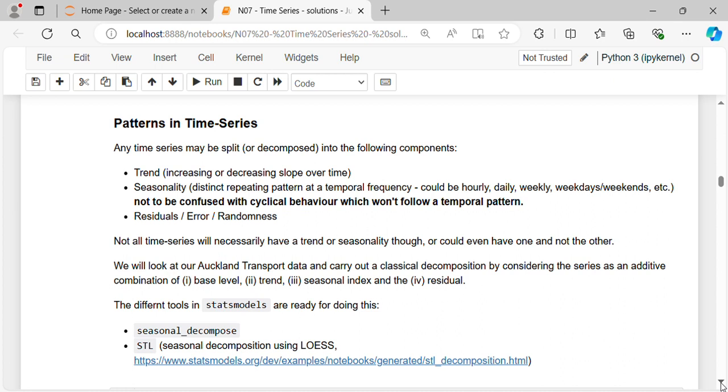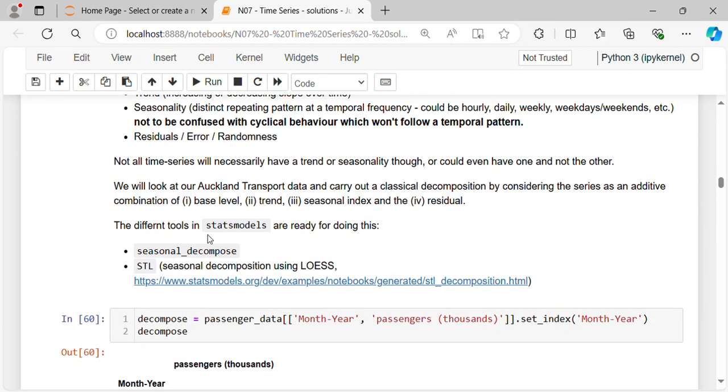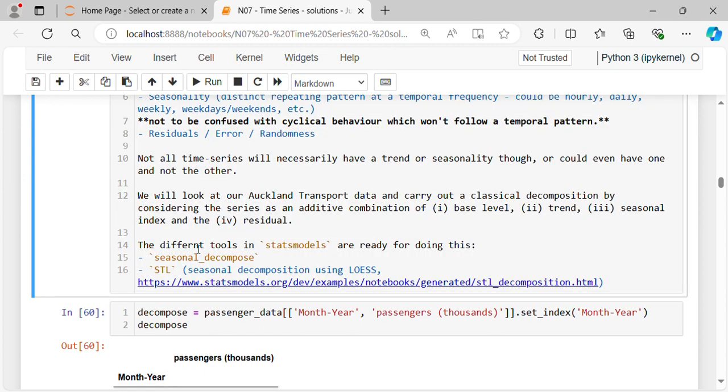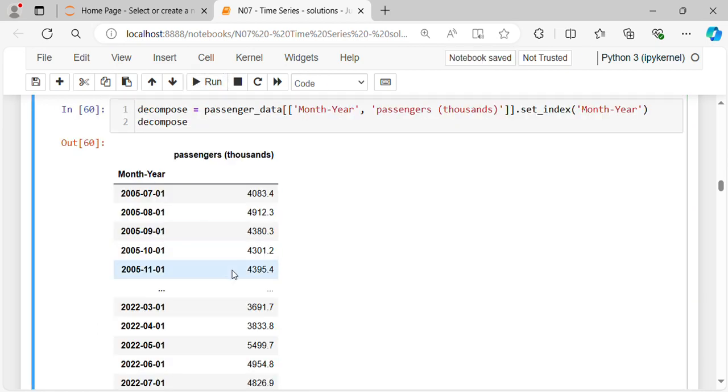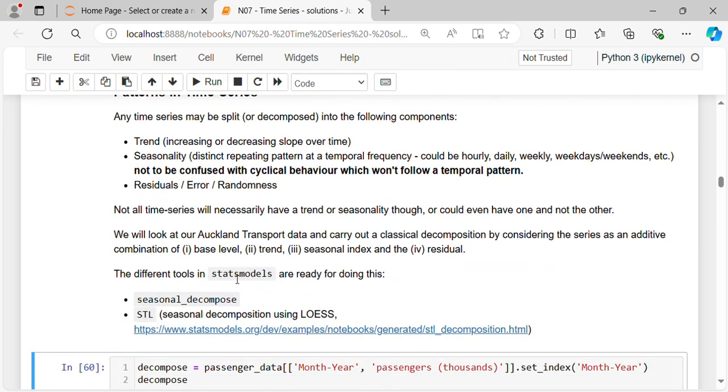The different tools in statsmodels are ready for doing this. The spelling of "different" is not right, so we will correct that. So there is seasonal_decompose in statsmodels, and STL, which is seasonal decomposition using LOESS.